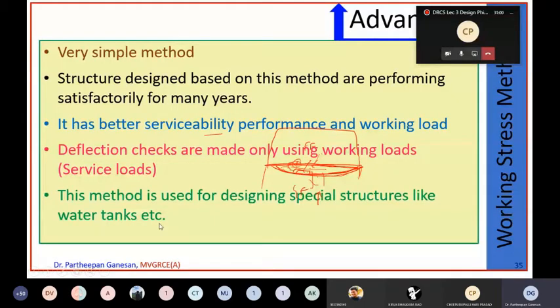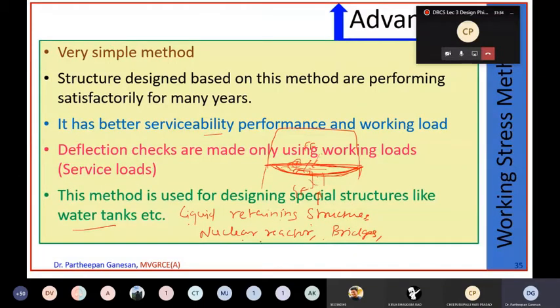If you want to design any liquid retaining structures, sometimes nuclear reactors, bridges, water tanks, all these structures are designed based on working stress method because you do not want even the slightest crack in the structure.